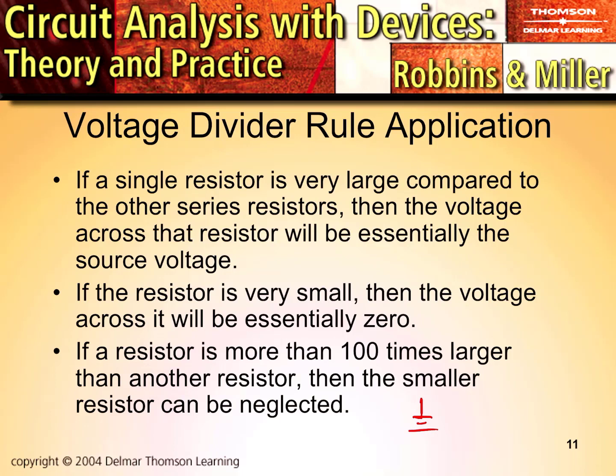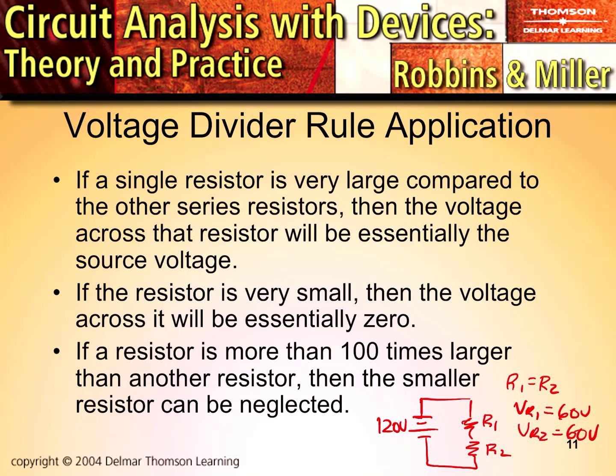Without calculating current, if I said this was 120 volts and there was two resistors connected to 120 volts, R1 and R2, and I told you R1 was equal to R2, you could tell me that VR1 would be equal to 60 volts and VR2 would equal 60 volts. Based on just the quantities of resistance connected in series and without even knowing the current. If the resistors were equal, they would have equal voltage drops based on the voltage divider rule.